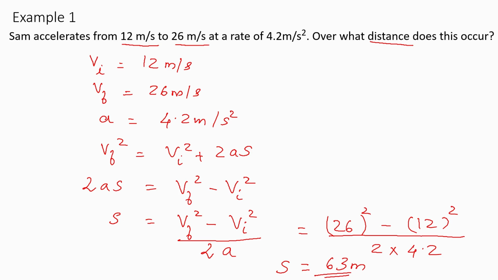So Sam covered a distance of 63 meters during the change of velocity from 12 meter per second to 26 meter per second at a rate of 4.2 meter per second square.